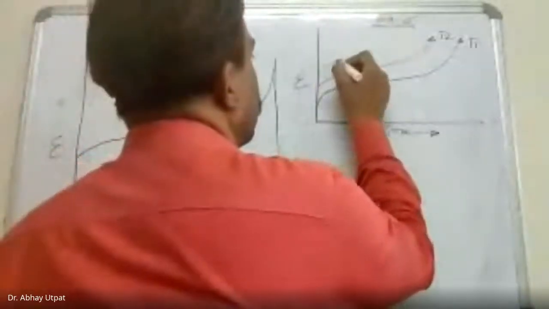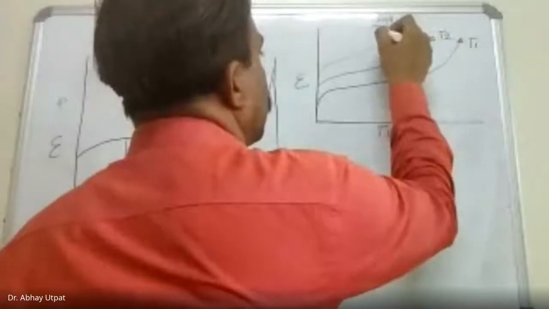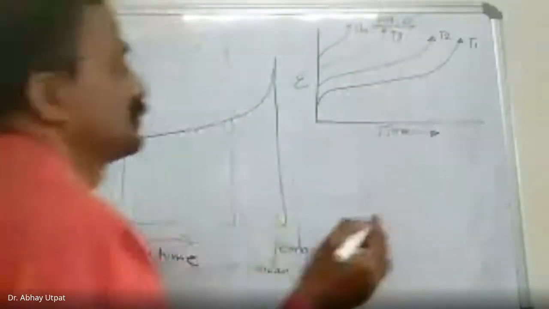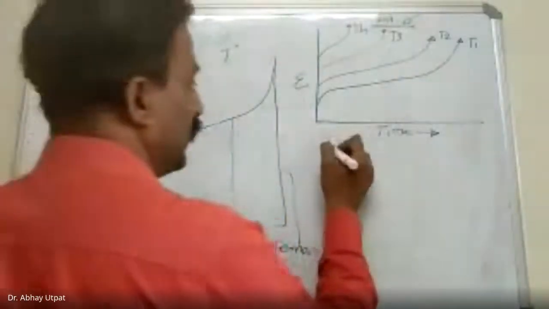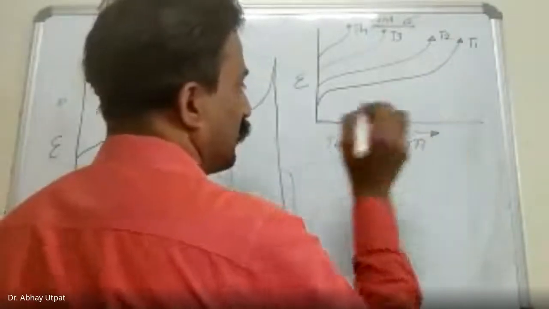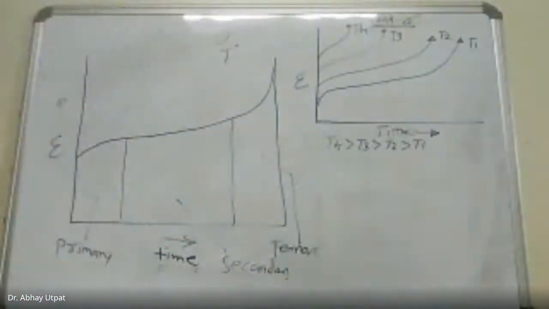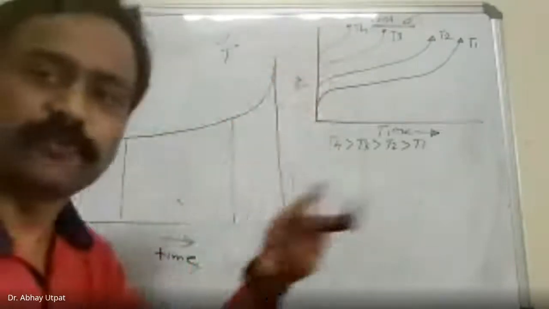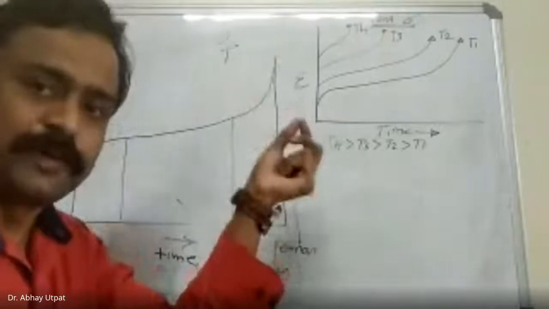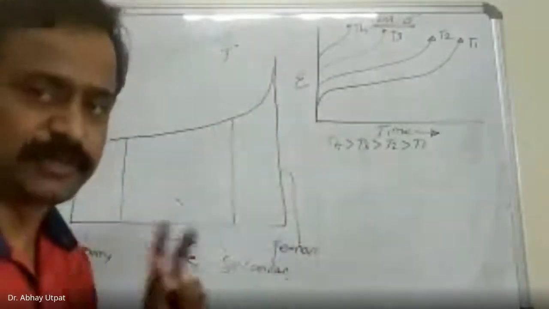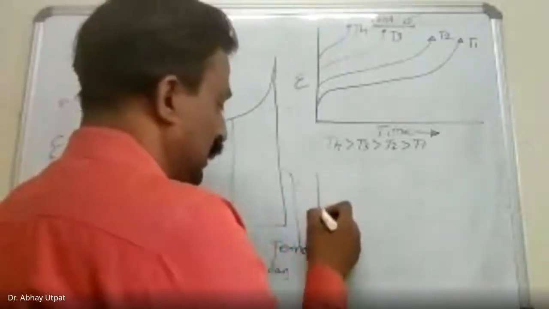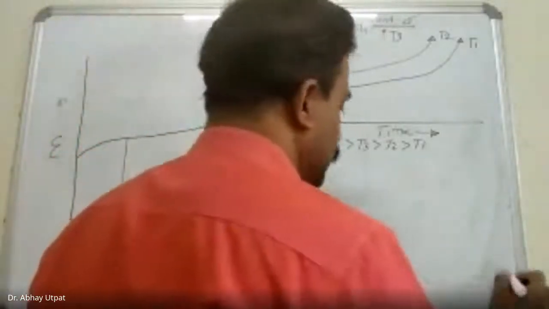Similarly T3, T4. See the effect, provided that T4 is greater than T3, greater than T2, greater than T1. As temperature increases, softening takes place. Automatically it becomes softer, and for that particular load it will fail in less time. This is constant stress. You will get the same kind of curve for constant temperature.